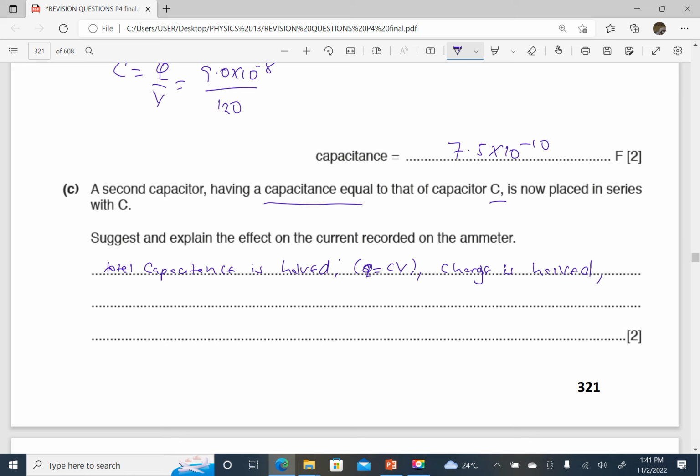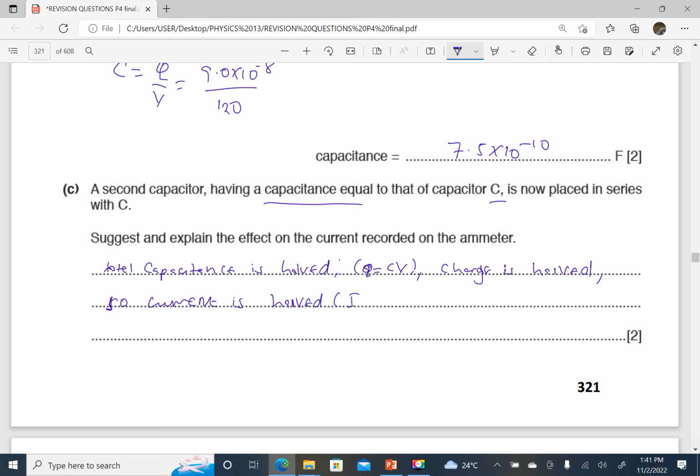And if charge is halved, remember current is charge over time, it means the current is halved.